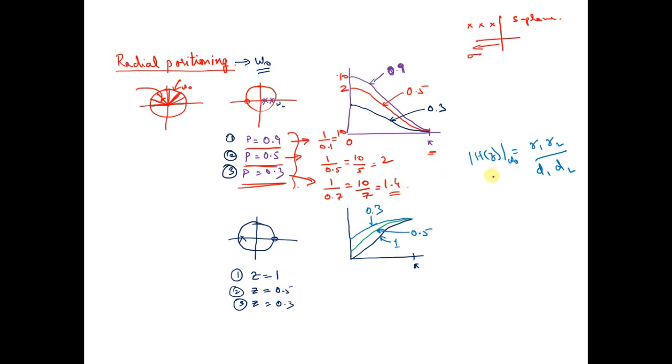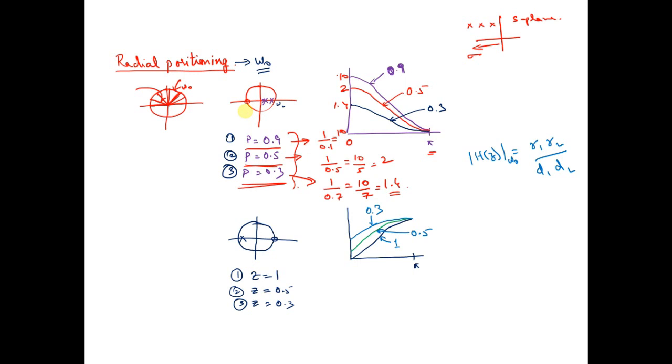Now if you see what is happening, as you place the pole nearer to the frequency axis, our gain is increasing, and as we move towards the origin, the gain is decreasing.